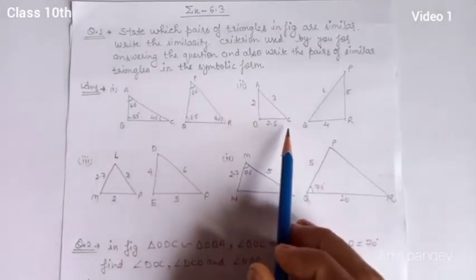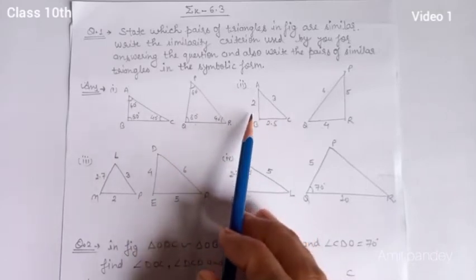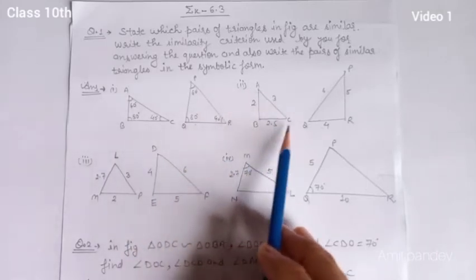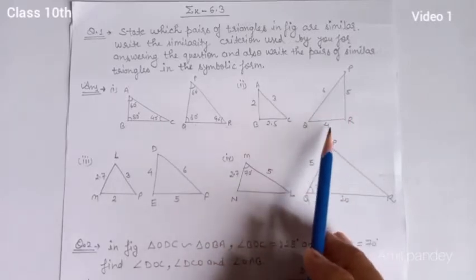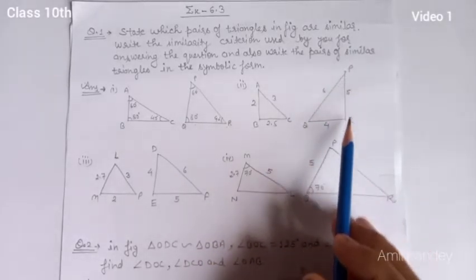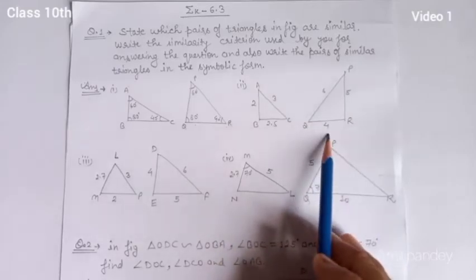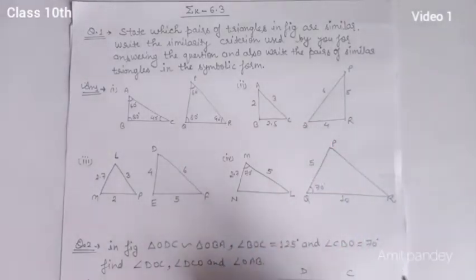In triangle ABC, lengths are given: AB is 2, AC 3 and BC 2.5. Similarly in another triangle PQR lengths are given here. So PQ is 6, PR 5, QR 4. Now check which ratios are equal.